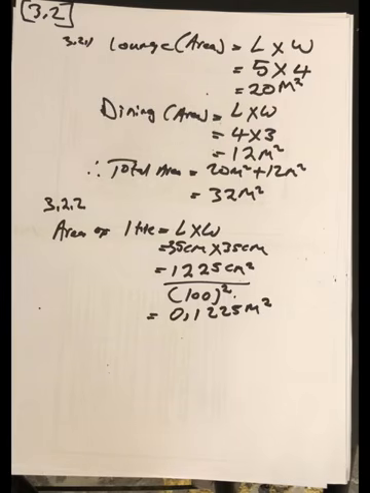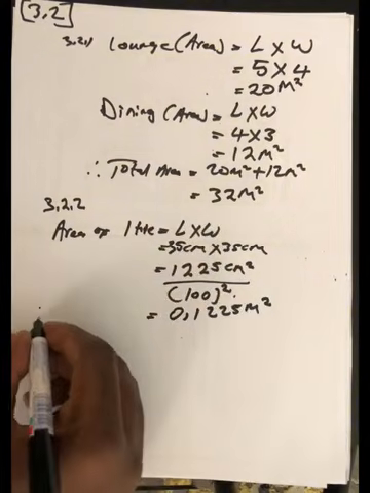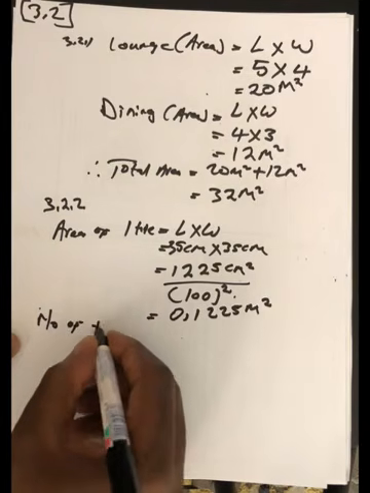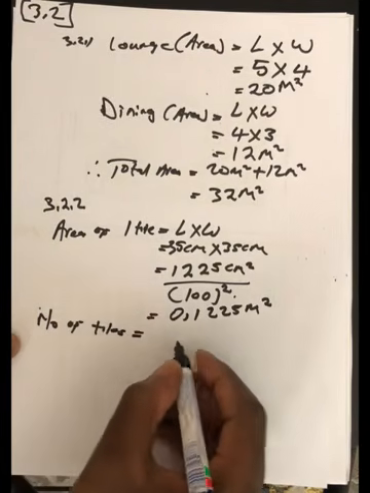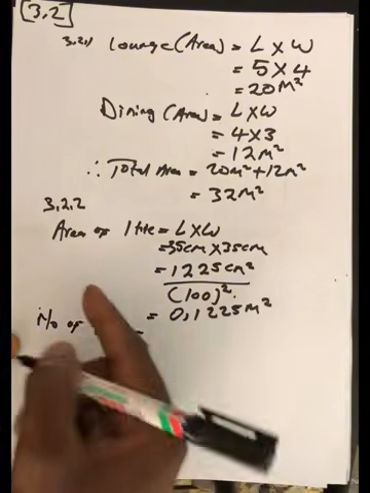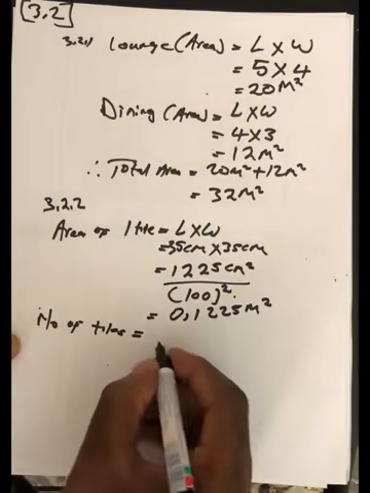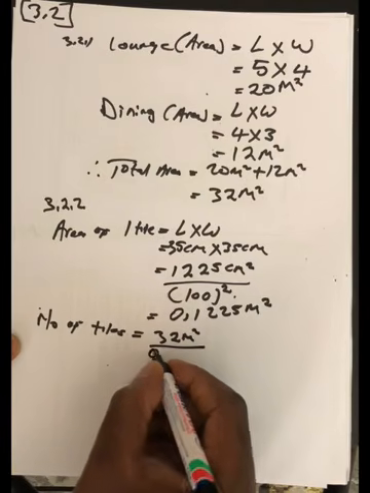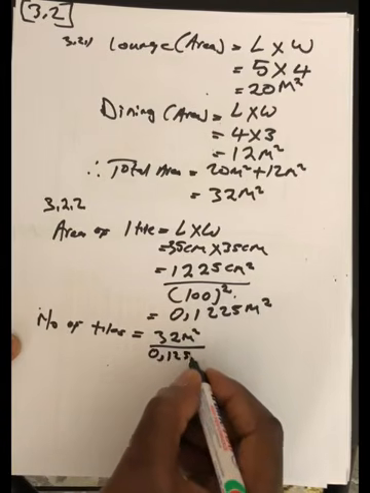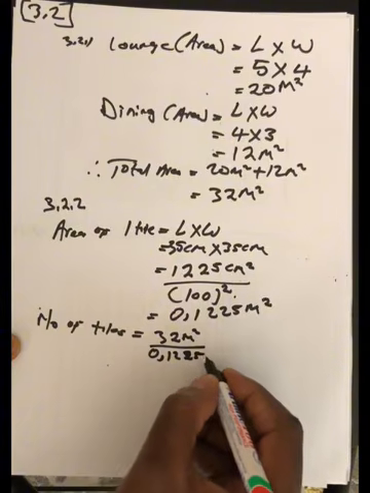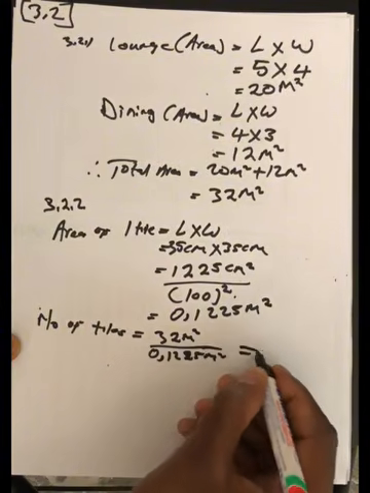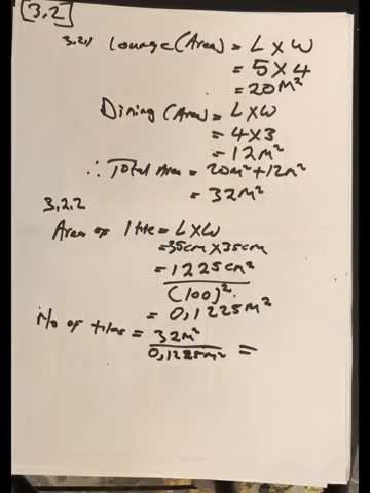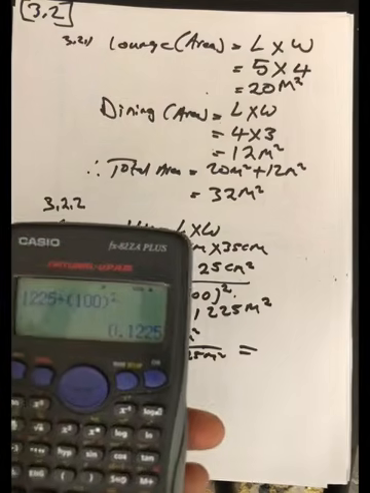So for that reason, we'll be able to calculate the number of tiles that are going to be used to tile 32 meters squared. Number of tiles is going to be the total area divided by the area of one tile, which is 32 meters squared divided by 0,1225 meters squared.